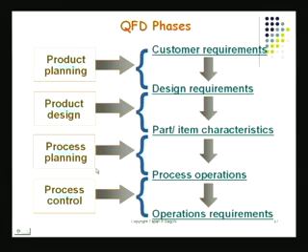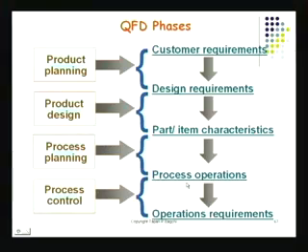When I'm doing process planning, which is the place where these parts are converted into the real process, into the real product, there of course we'll be doing again one other layer of QFD. We'll be taking parts and item characteristics as the input, and putting them through the process planning stage, we'll convert them into process operations, the specifications for the process.